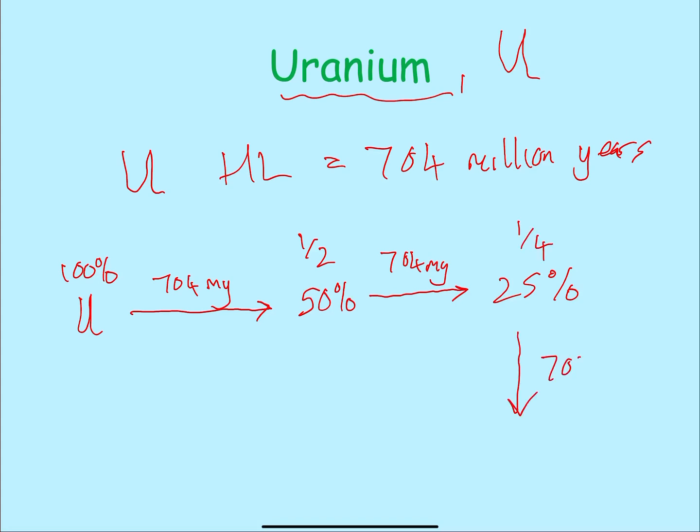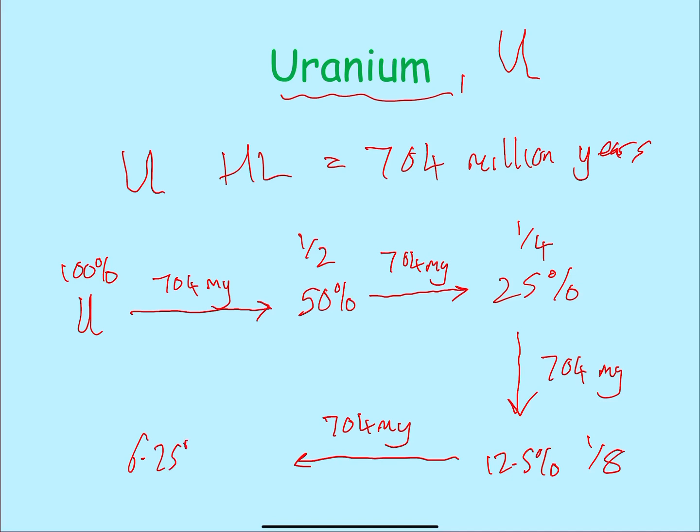After another 704 million years, it would go down to 12.5% of its original source, or an eighth. And then 704 million years, 6.25% of it still left, or a 16th as a fraction. You see uranium is going to be around for a very, very long time, long after we're born anyway. 704 million years half-life.